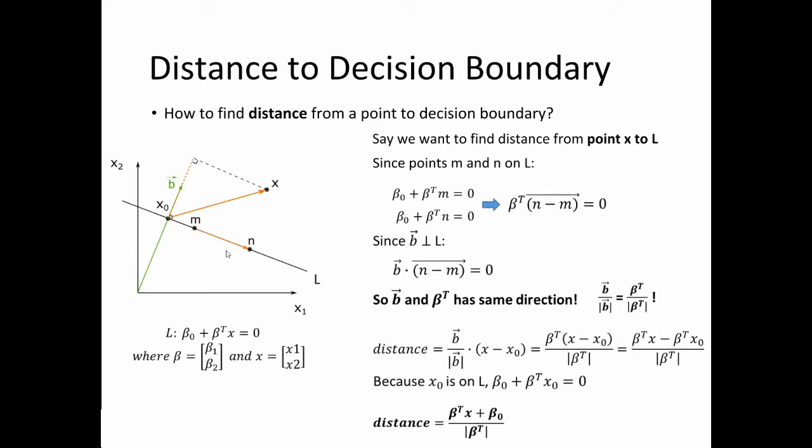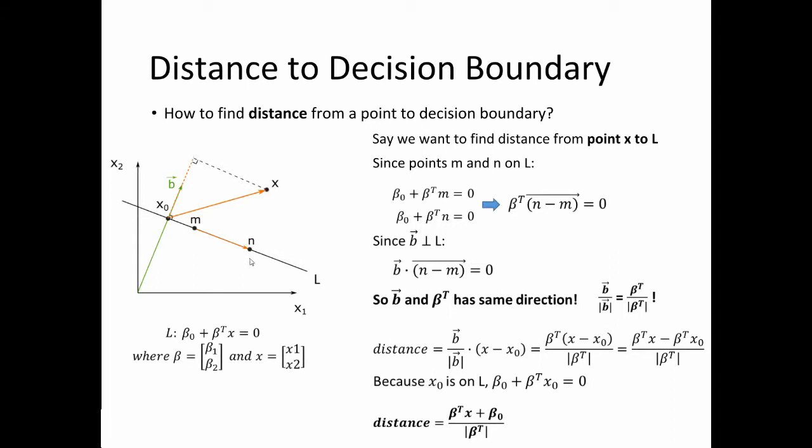Because we know the points M and N are on this line, their coordinates should satisfy this equation. So if we plug them in, we should get these two equations. If we use the second equation to subtract the first equation, we get this expression.